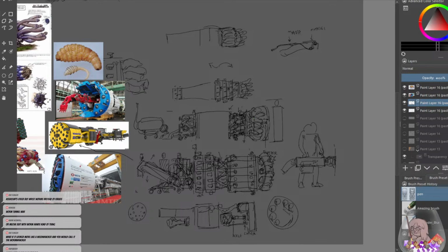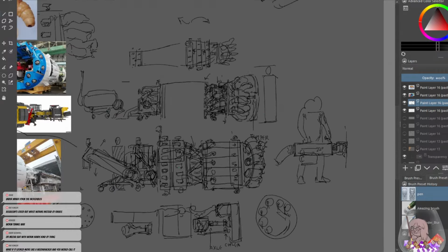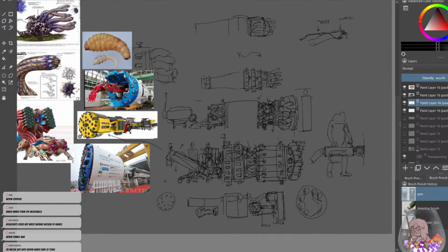And another version I was thinking would be a drop pod type of thing, like a giant one of these drills that digs into an enemy bunker and then just opens a sliding door on the side, and a bunch of soldiers run out. That would also be cool.